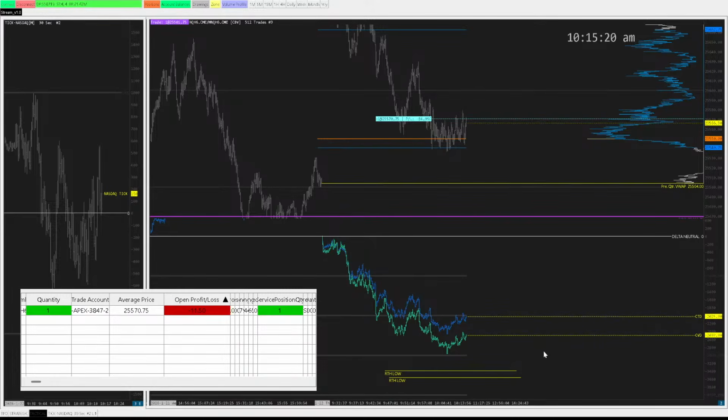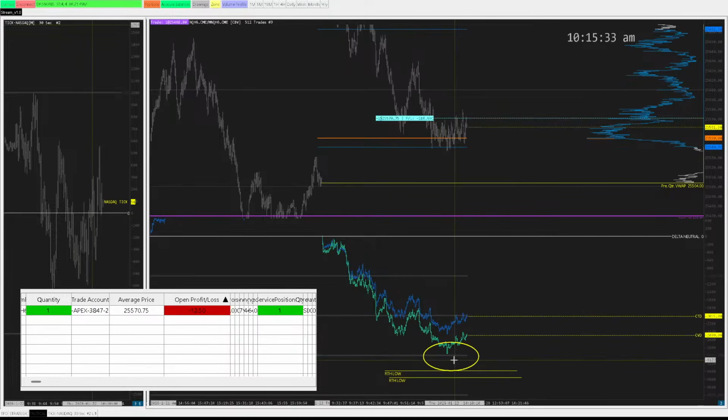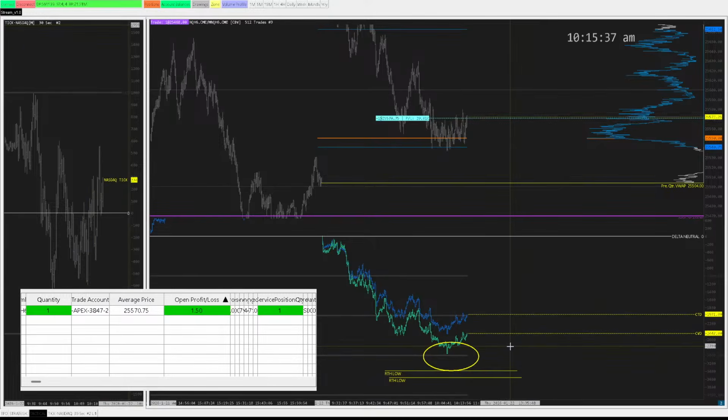Why would I buy 1 micro right here? No reason in particular, other than I can see that we're close to minus 3K on the delta, and I know that that's relatively strong selling for a day.